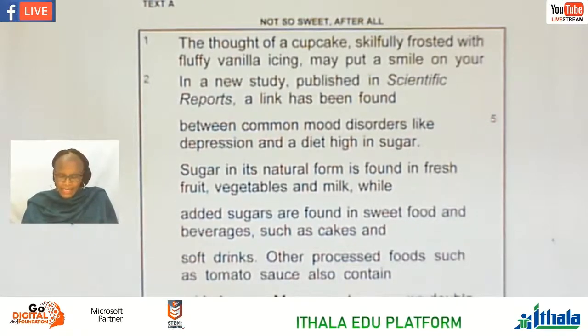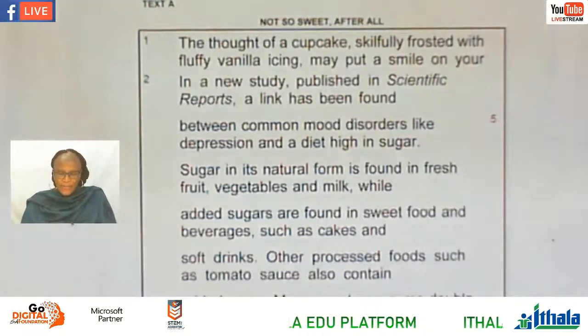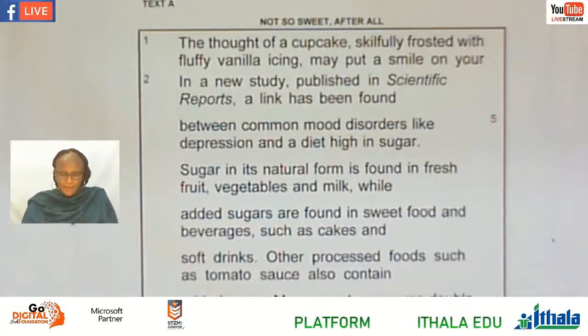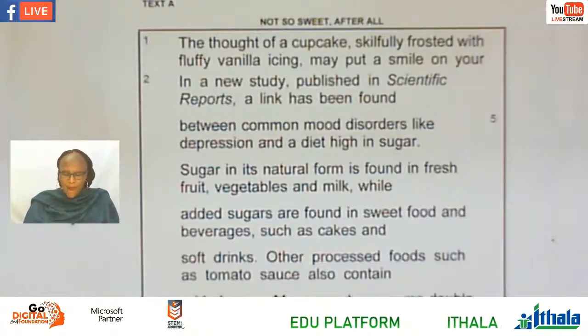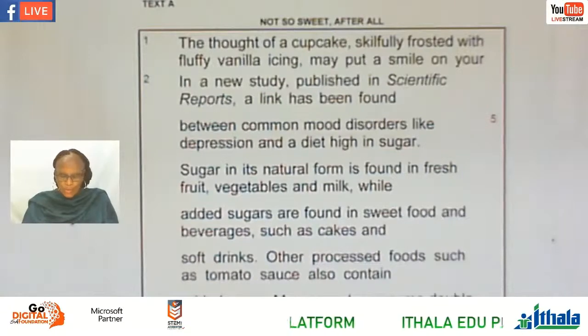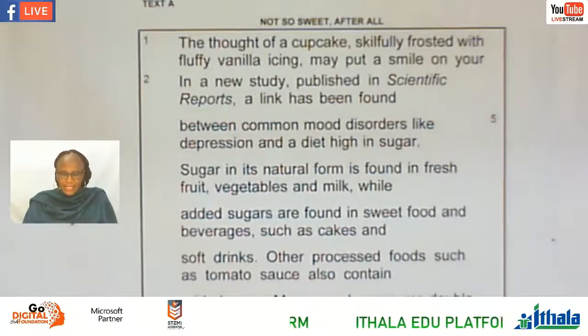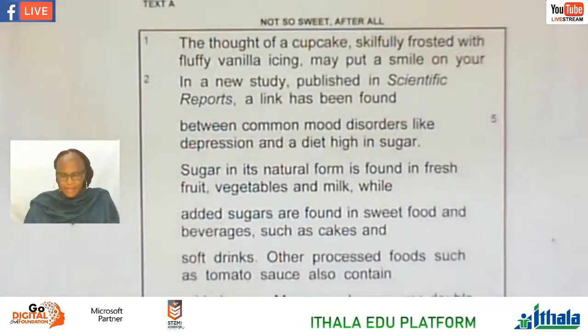Sugar in its natural form is found in fresh fruits, vegetables, and milk, while added sugars are found in sweet food and beverages such as cakes and soft drinks.